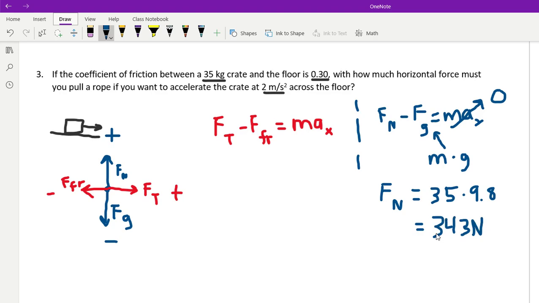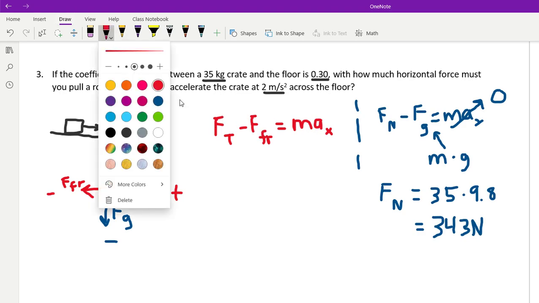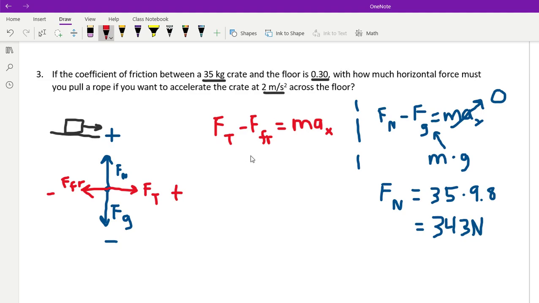All right, so that doesn't help answer our question of the horizontal force. We're ultimately looking for the force of tension here. This is our desired answer. But we now can use this 343 in this friction term. So tension minus the force of friction. The equation for friction that we plug in is mu times the normal force.